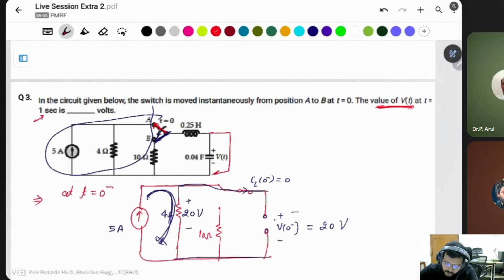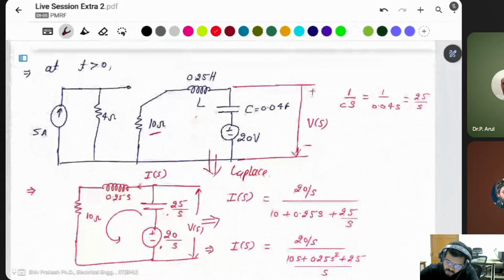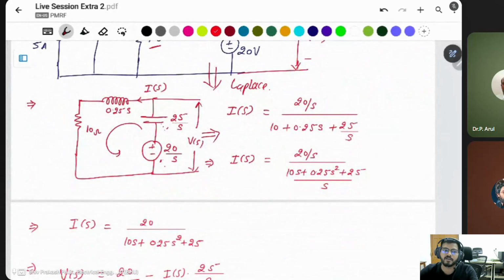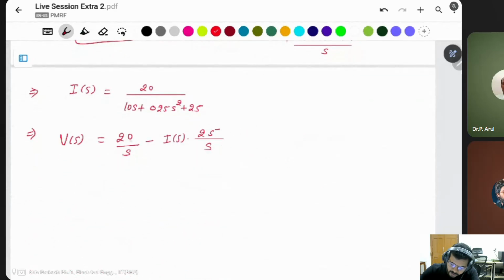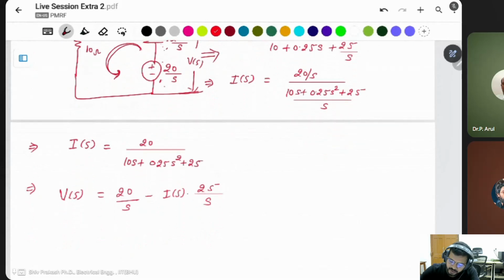Then you have to find the Vt. Vt will be the total voltage: initial voltage plus the voltage drop across the capacitor. Because the current flows like that, this voltage minus this voltage drop is the total voltage. That's why I'm doing the same thing. Initial voltage minus this voltage drop gives the voltage.